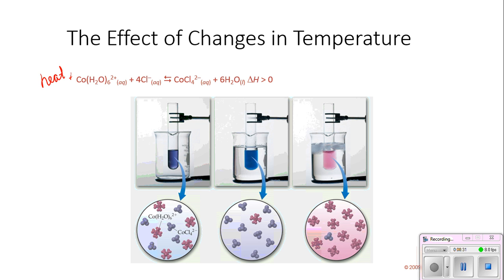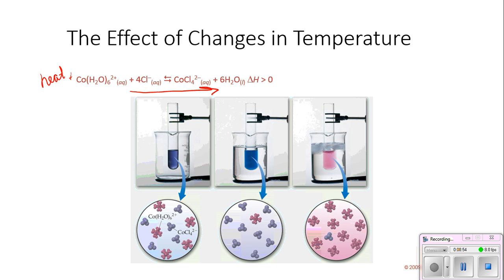Adding to your reactants would push your equilibrium towards your products. So if we add heat, because heat is one of our reactants here, it's going to push our equilibrium towards the products.